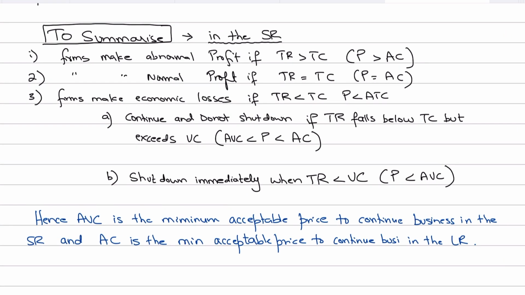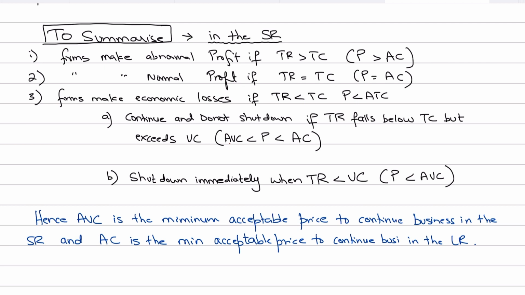If we talk per unit, it means that price is more than average variable cost. That is, average variable cost is less than price. The price is covering your average variable cost per unit. But price is less than your average cost. Price is less than average cost, that is the total cost per unit, but the price is more than variable cost per unit.